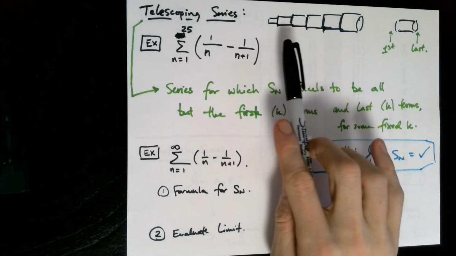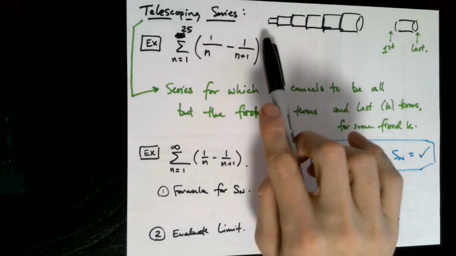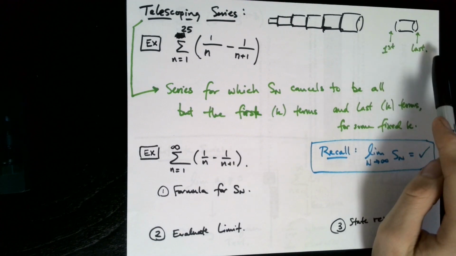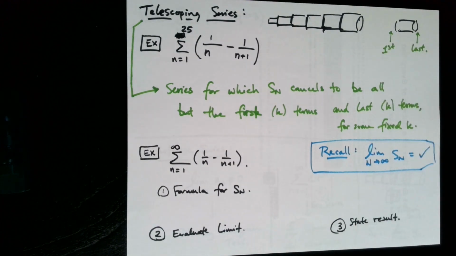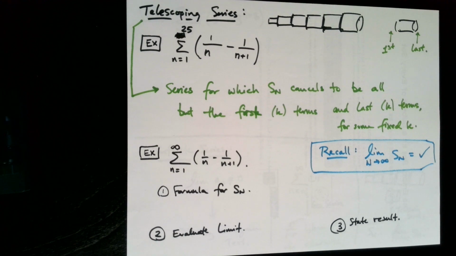You could extend it out to its full length, or you could collapse it down to just the first piece and the last piece. You'd still see the first piece and the last piece, but all the other pieces would be collapsed in the middle. So telescoping series have this sort of structure.